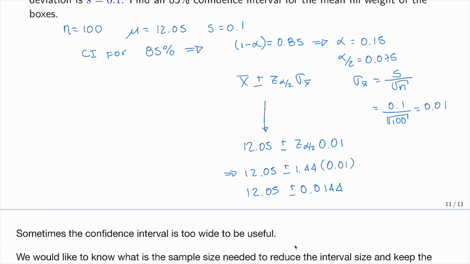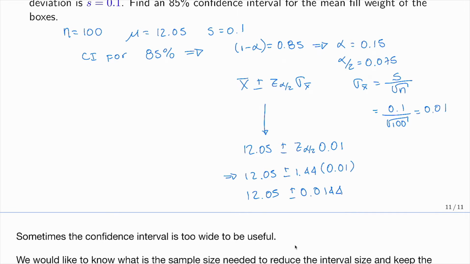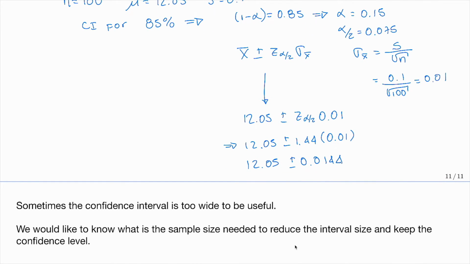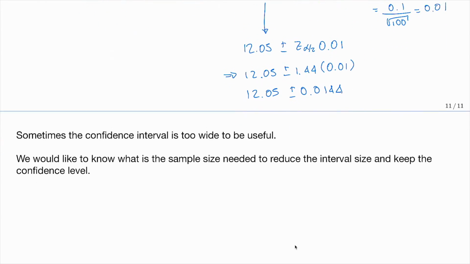Okay, sometimes the confidence interval is too wide to be useful, and we would like to know what the sample size needed is to reduce the interval size and keep the confidence level, or even improve it.